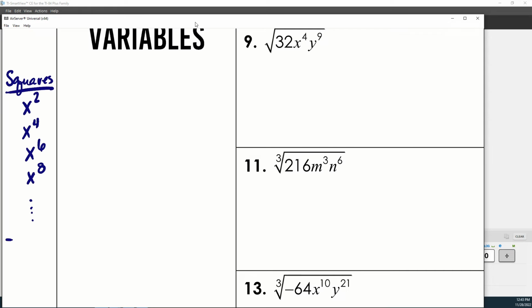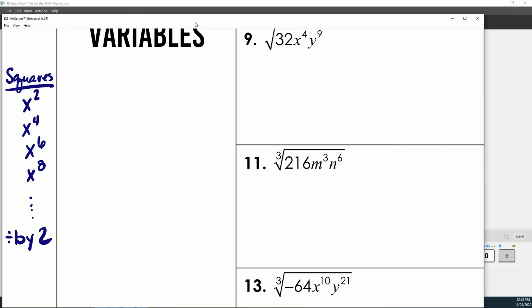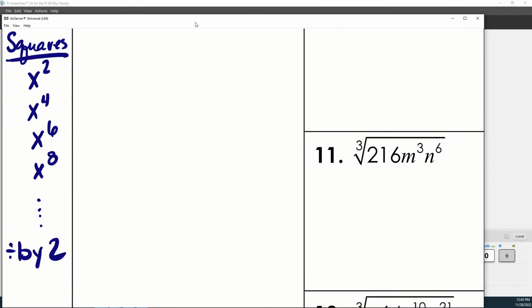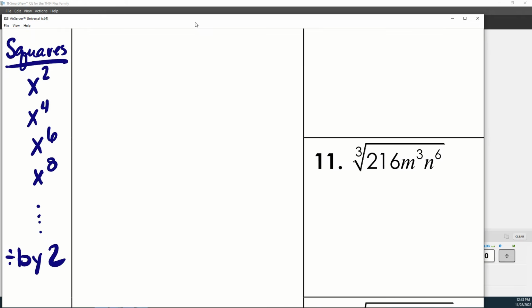If we want to find the square root, you're going to divide the exponent by 2. All right. You want to write this list. This list is going to be helpful in just a second. All right. For variables that are perfect cubes, all of the exponents need to be multiples of 3. So like x to the third, x to the 6th, x to the 9th, and to the 12th.